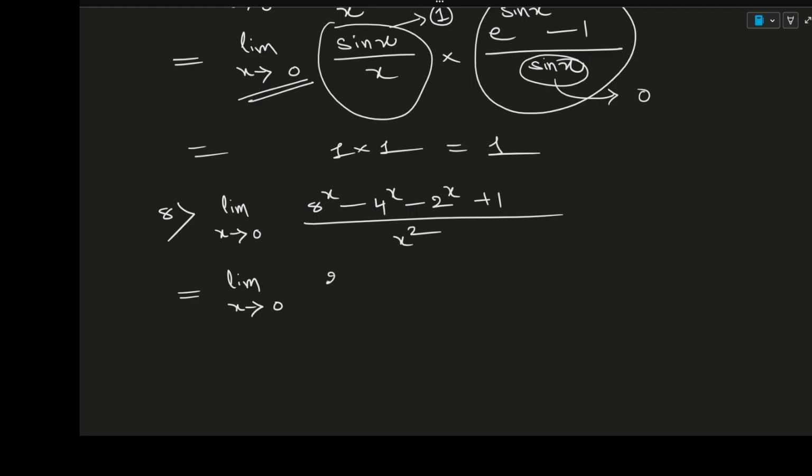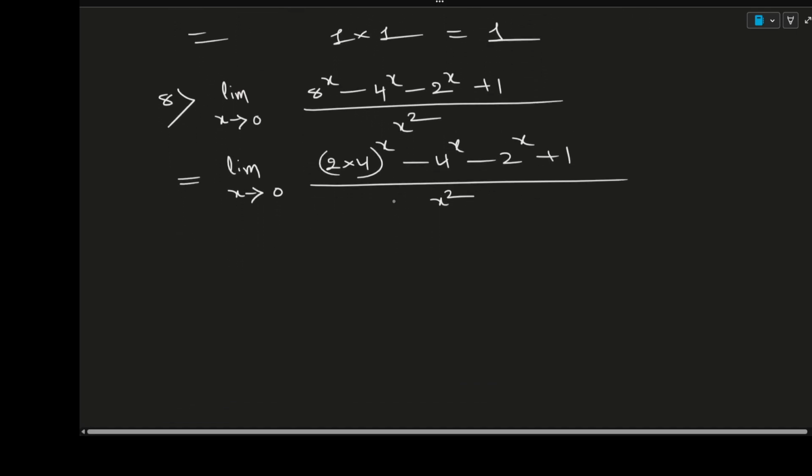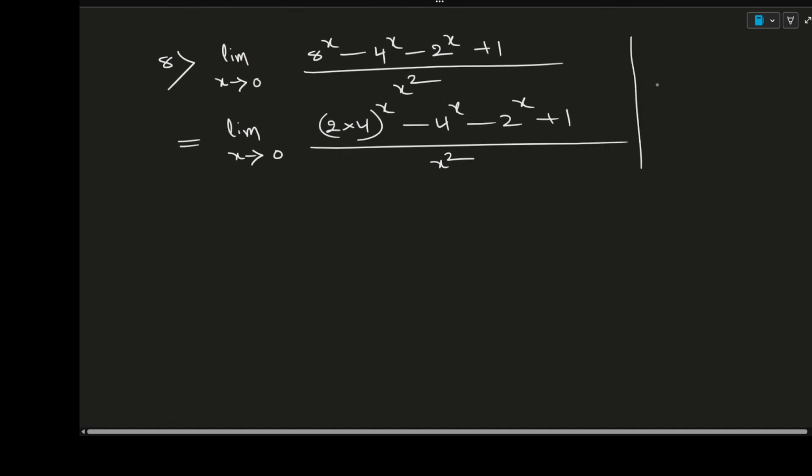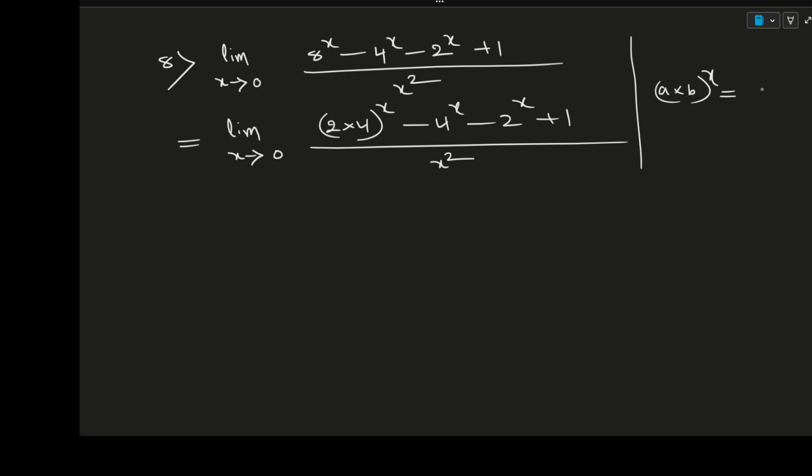I'll write it as 2 into 4 to the power x minus 4 to the power x minus 2 to the power x plus 1, divided by x square. From basic mathematics we know that a into b to the power x can be written accordingly.